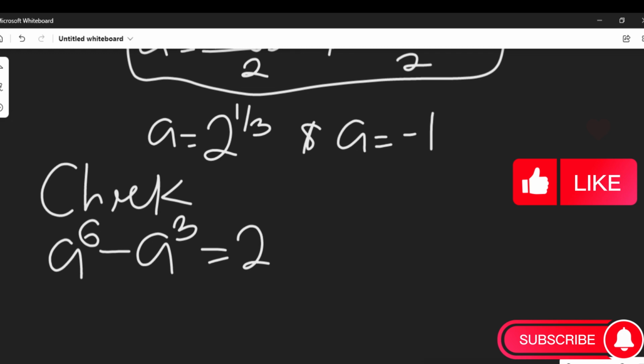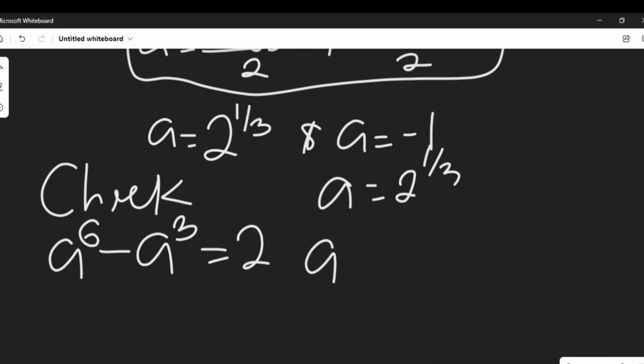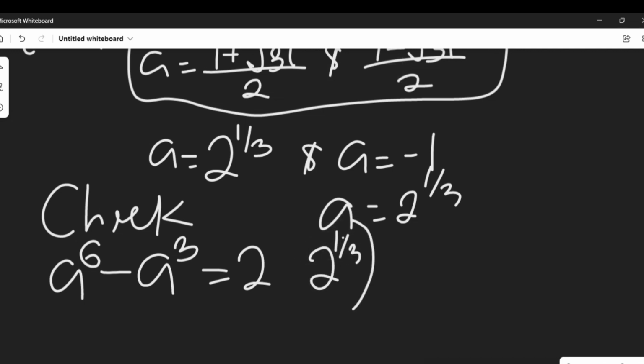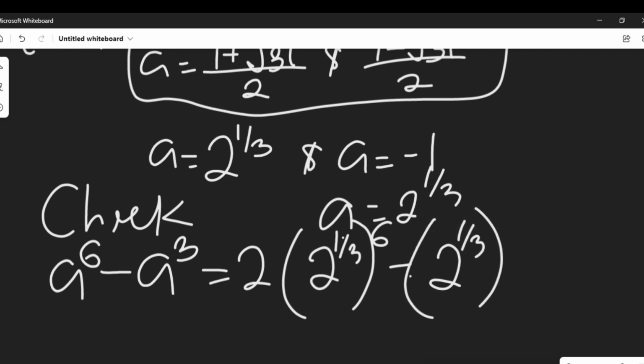When a is equal to 2 raised to power 1 over 3, we'll have 2 raised to power 1 over 3, all in bracket, 6 minus 2 raised to power 1 over 3, all in bracket, 3.